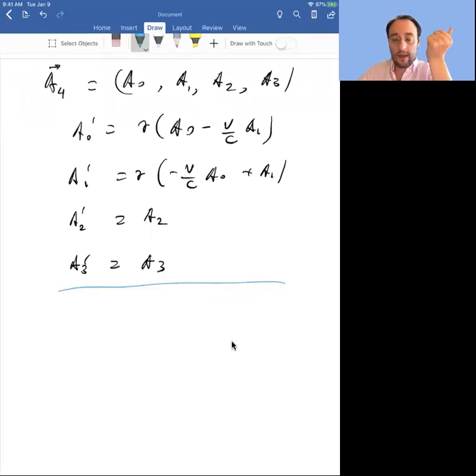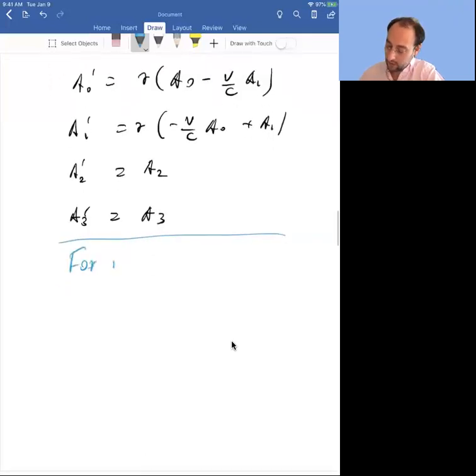Another definition of a vector is it's any set of numbers that transform in a specific way under a rotation, not switching between co-moving frames, but a different type of transformation called rotation. So what is that specific transformation those numbers have to obey in order to be considered a vector?